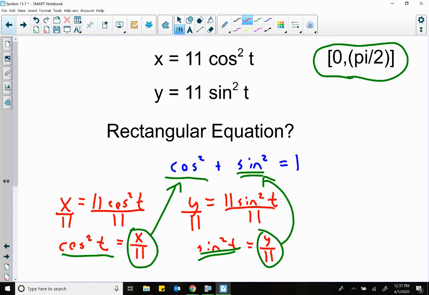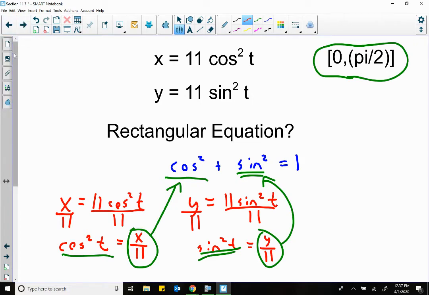When it comes to Pythagorean identities to know, cosine squared plus sine squared equal to 1 is a good one. Another Pythagorean identity to know, give me just a second to flip through my notes. There they are.